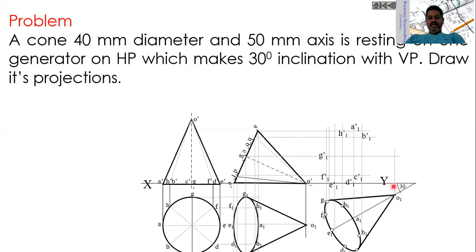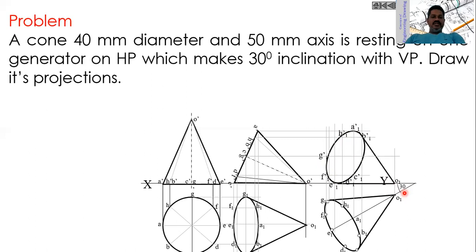Then we will get one more point here, O dash and O1, exactly on this XY line itself. Then name that point as O1 dash. This will be our O1 dash exactly. Then join all these points wherever we got the intersection points as a smooth curve to get the front view of the cone when it is making an angle of 30 degrees with the vertical.